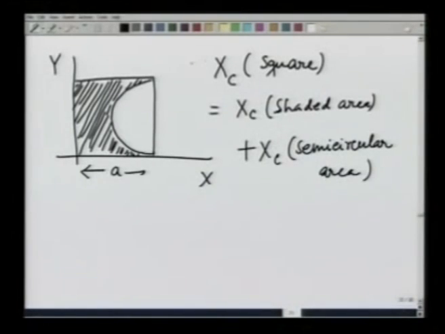Area of the square times xc of the square is going to be equal to xc of the shaded area times the area of the shaded area plus xc of the semicircle times the area of the semicircle.